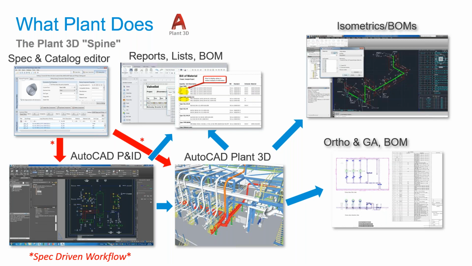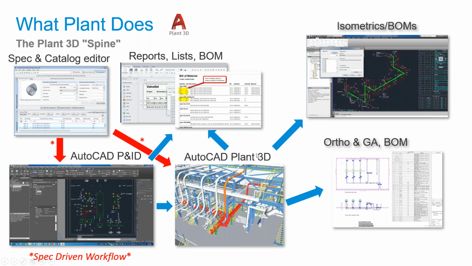We can use that spec-driven workflow in Plant 3D in a very powerful way and generate isometrics and orthos automatically. So this is the main spin of the product. There are also a lot of other features, but this is a snapshot of what Plant 3D can do.